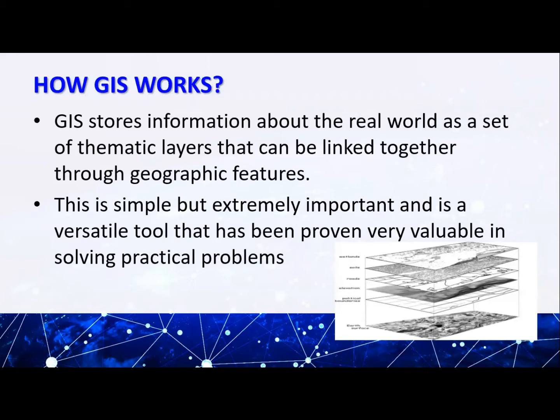Over that, you could have coordinates or points information you collected, maybe different households or location of areas. Those points could have attribute information stored in a table, but that is linked to that point. And all these put together, we come up with what we call thematic layers that can be linked through these geographic features. So what you just need to know is that GIS is a simple tool.